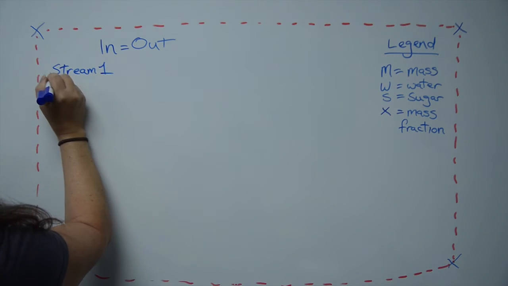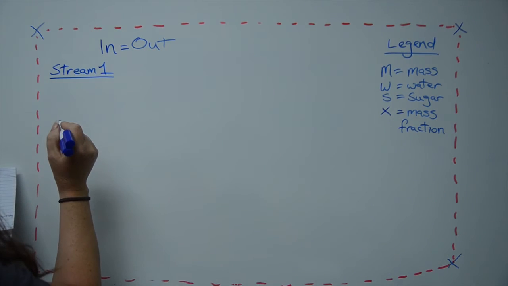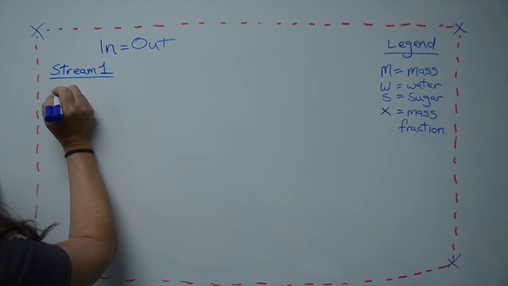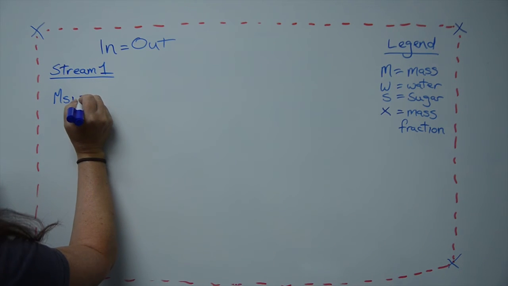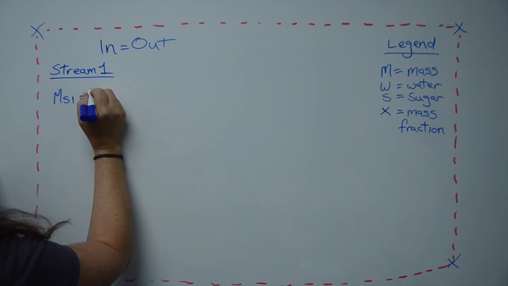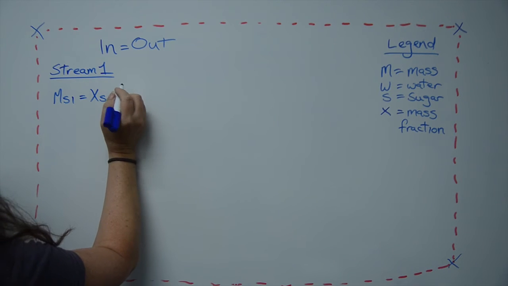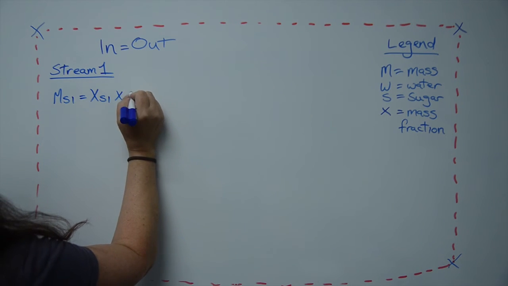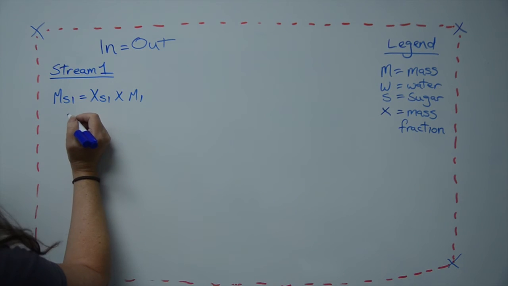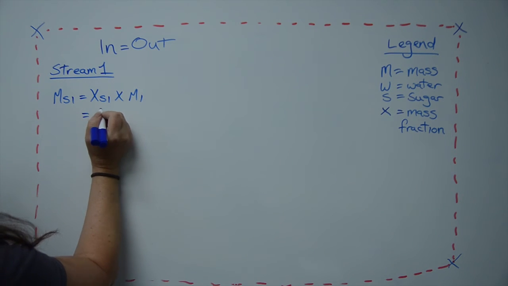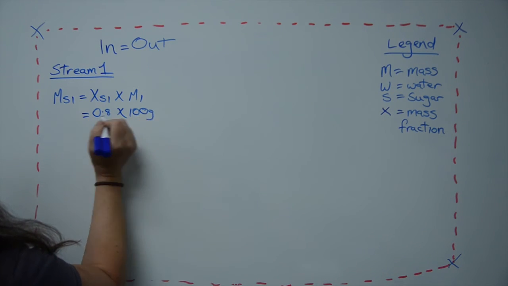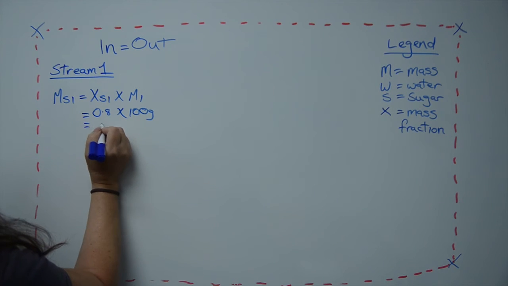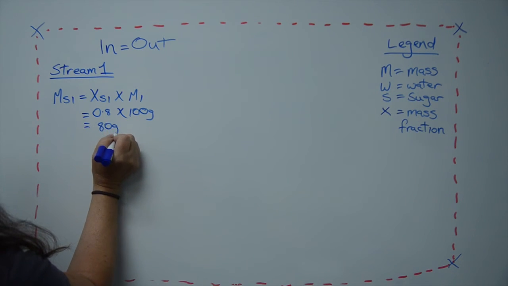Stream 1. Alrighty, so in stream 1 we have MS1 is going to be equal to XS1 times M1, and we know that this is equal to 0.8 and this is equal to 100 grams. So that's nice and easy. That equals 80 grams.